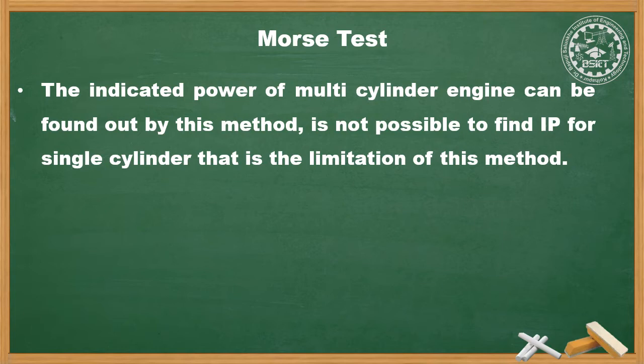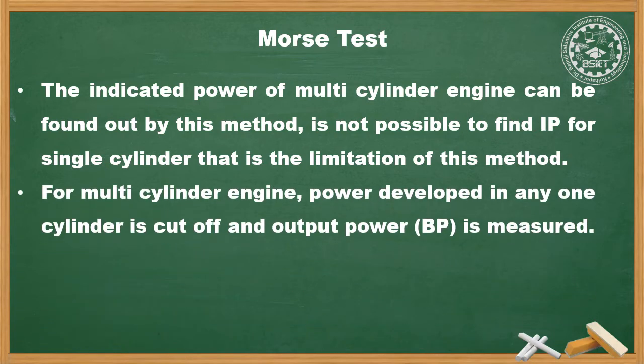This is the limitation of the Morse test. With no apparatus other than the dynamometer and tachometer, we can complete the Morse test. For a multi-cylinder engine, the power developed in any cylinder is cut off and the output power is measured.